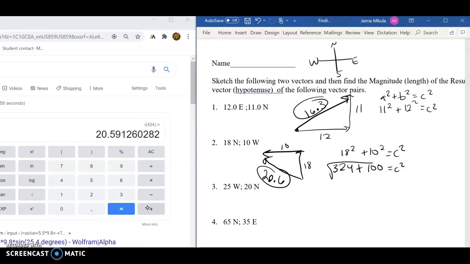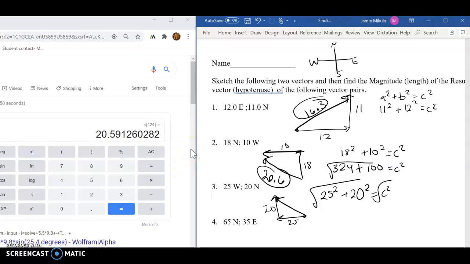Okay, the next one, let me circle my answers here. All right, the next one here is 25 west. I'm giving myself some room because I have to go north next. 25 west and then 20 north to get that resultant. So 25 squared plus 20 squared equals c squared. You're going to take the square root of that at the end.